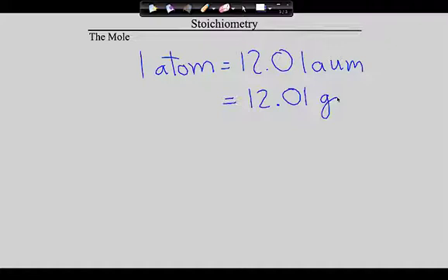How many carbon atoms weigh 12.01 grams? Exactly, Avogadro's number, 6.02 times 10 to the 23rd carbon atoms. That's 602 septillion. Guys, 602 septillion carbon atoms also weigh 12.01, but now it's grams.